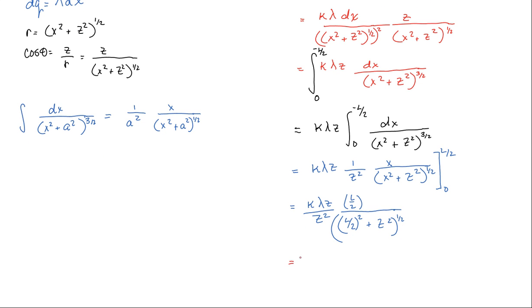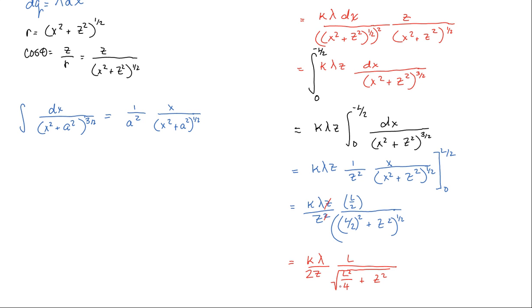I'm going to say k lambda, these z's will factor, and then I'm going to have this complex fraction. I'll pull the 2 down here, and I'm going to just put it out front for right now. So that's going to leave me with L over L squared over 4 plus z squared, and all of this is going to be under the radical.